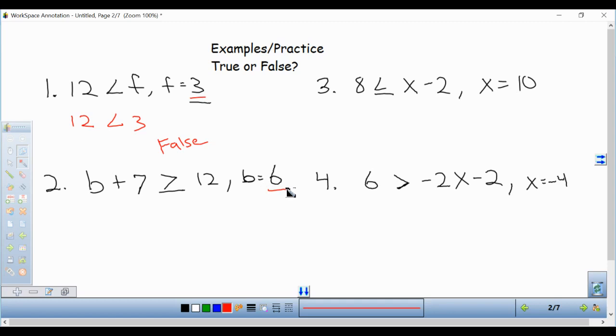And it says b is 6. So we're going to take 6 and plug it in for that variable b. 6 plus 7 is greater than or equal to 12. Let's see if this is true or false. 6 plus 7 is 13. Is 13 greater than or equal to 12? Yes, it is. It is true.